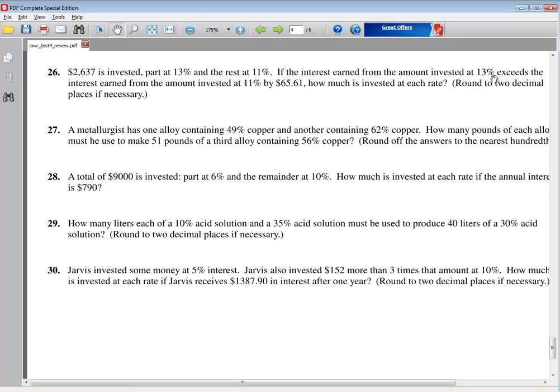Okay, interest earned. Interest is principal times rate times time, and it doesn't say anything about the year, but we assume the time is 1, so we can ignore it.